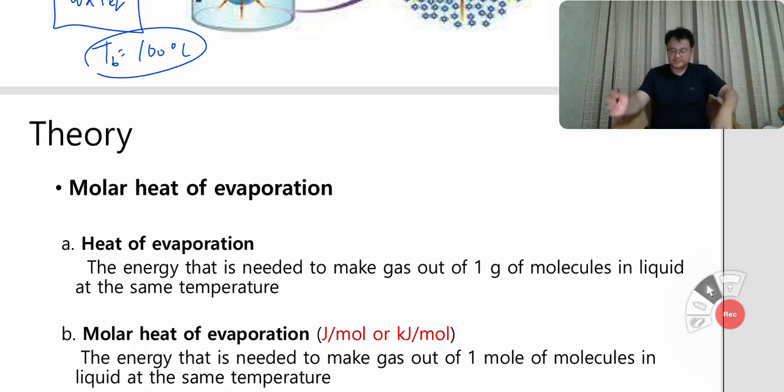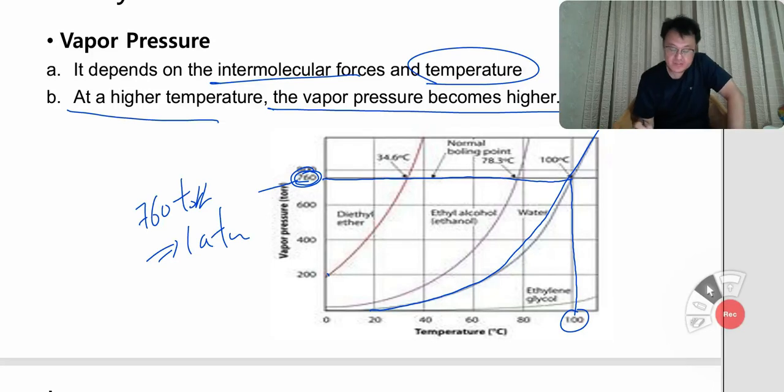And of course, you know that when you go to lower pressure along this curve, when the vapor pressure becomes lower, the temperature on this curve also becomes lower. That means that when the external pressure is lower than 1 atm, water boils at a temperature below 100 degrees Celsius.